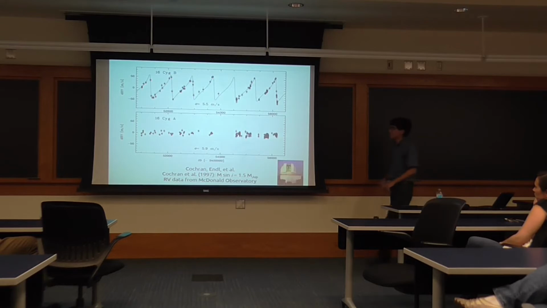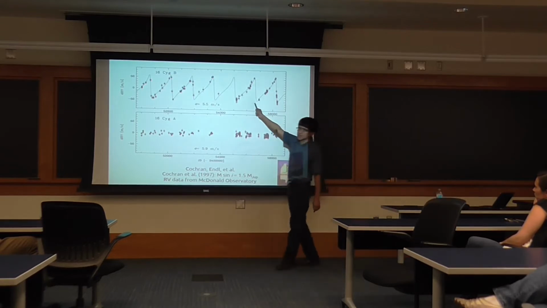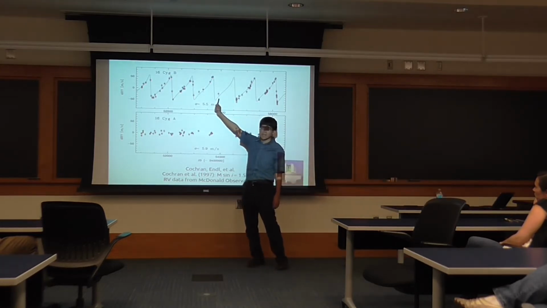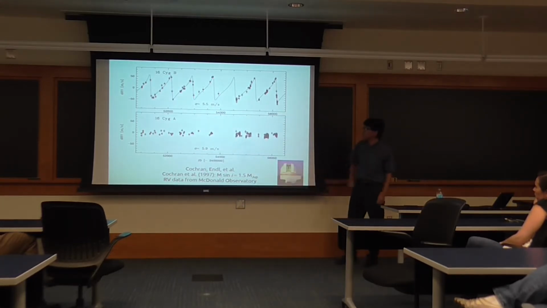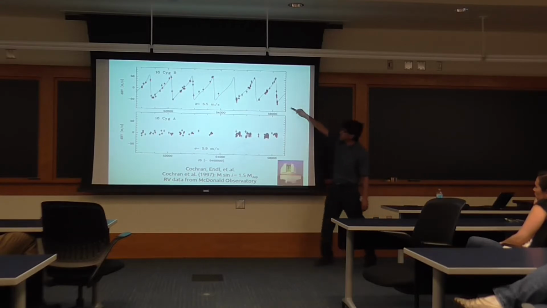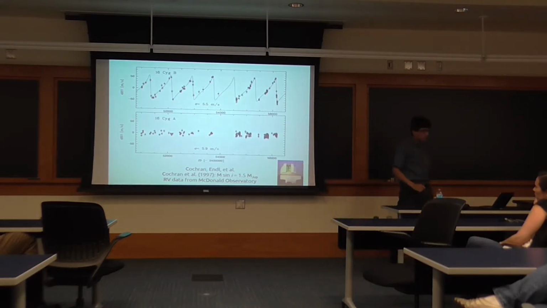More importantly, the secondary star has a planet. It's a gas giant, so that's the radial velocity variation over many decades. This is work that started at McDonald Observatory and continues to this day. The secondary shows this very clear radial velocity variation.